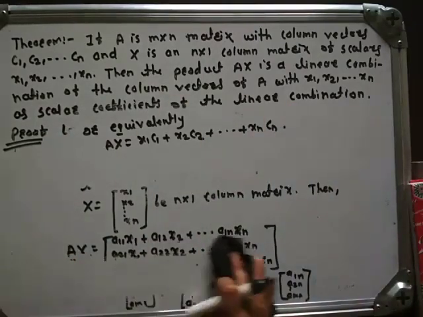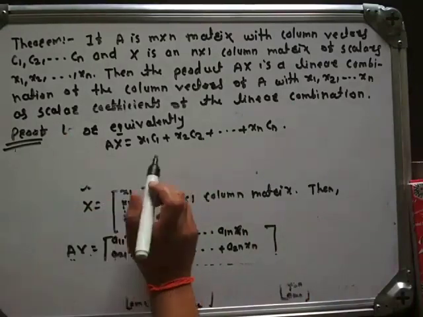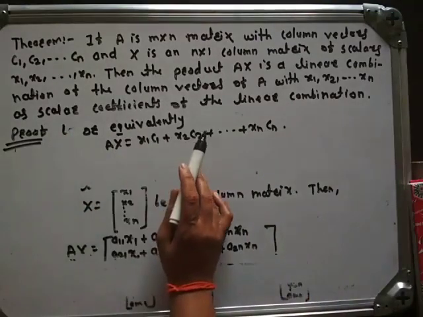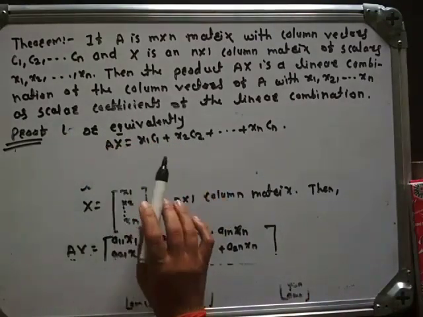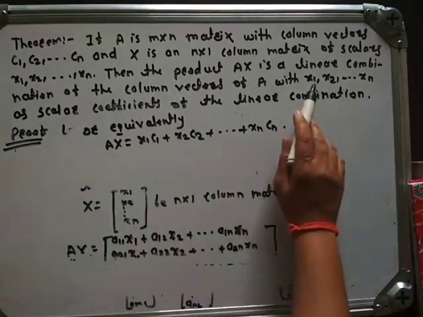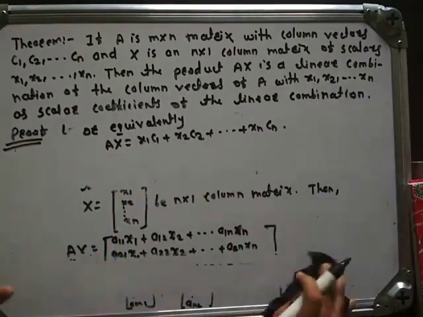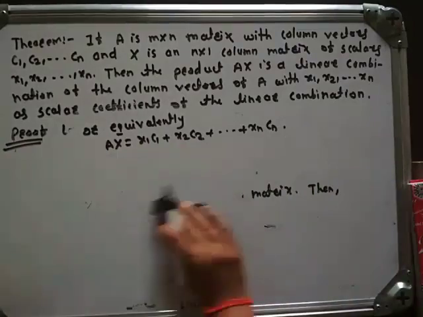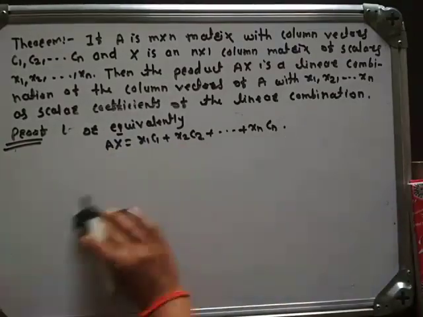So A into X can be written as a linear combination of the column vectors of matrix A with x1, x2 and so on up to xn as the scalar coefficients of the linear combination.